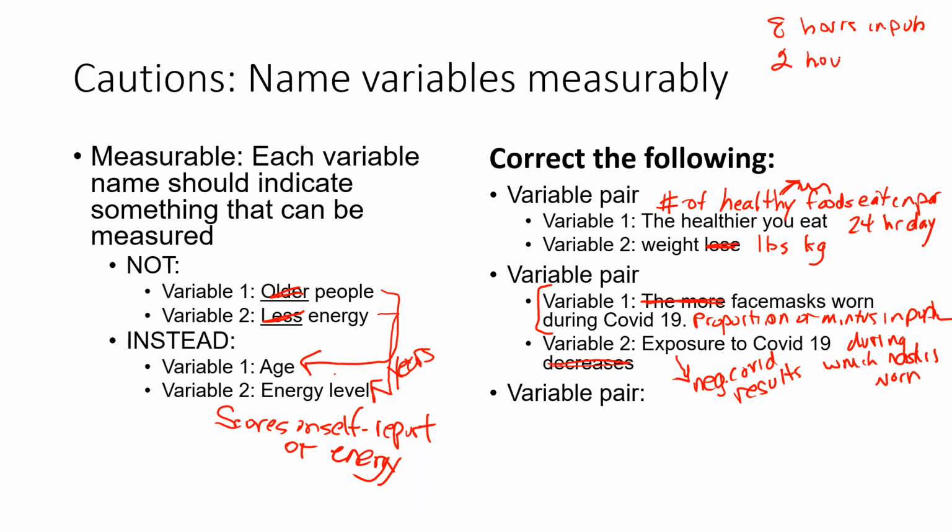Then we'd take 2, divide by 8, and we would get 0.25 or 25%. So that person would get a score of 0.25 or 25%. The person who was out in public for 2 hours and wore their mask for all 2 hours would get a 100% because they wore it for the whole time. Does that make more sense?